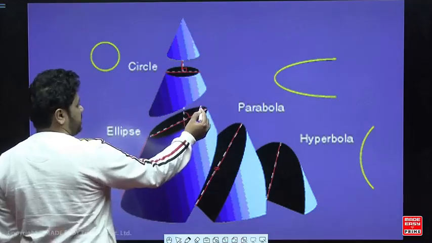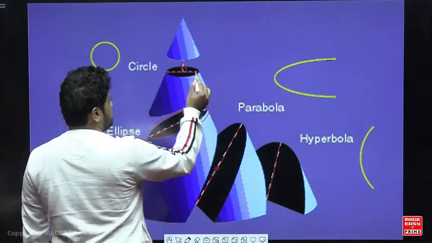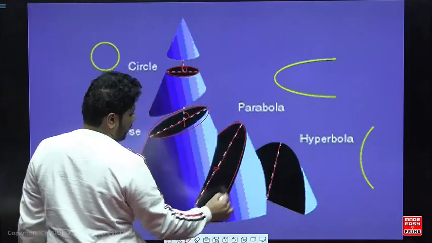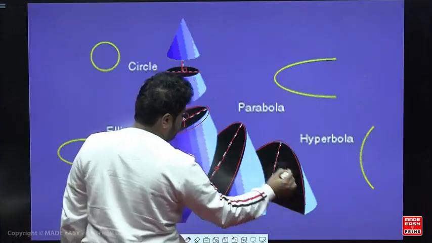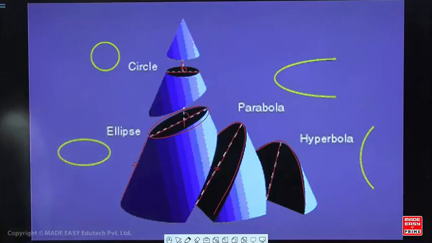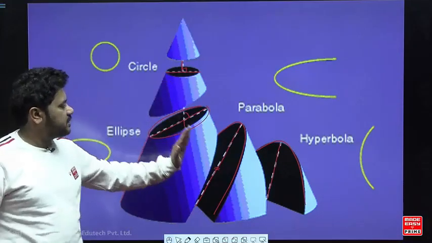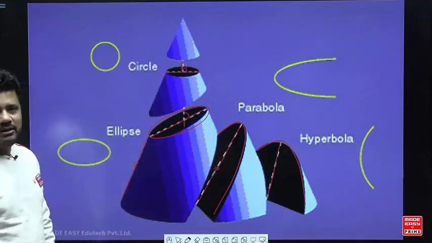So this shape is your ellipse, this shape is your circle, this shape is your parabola, and this shape is nothing but your hyperbola. This is what we are going to construct, and let us see how to do it. Circle, ellipse, parabola, as well as hyperbola.